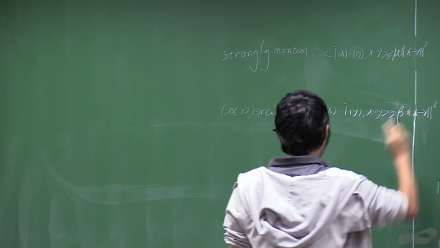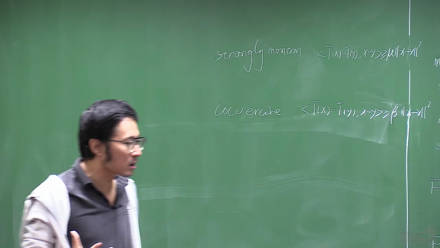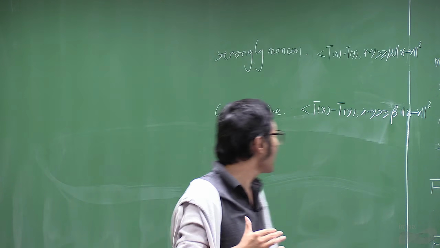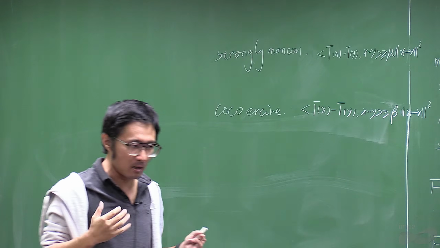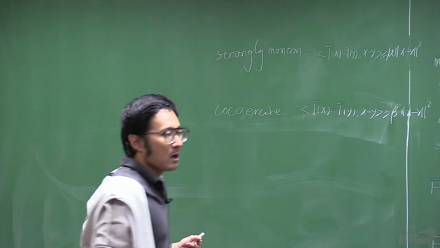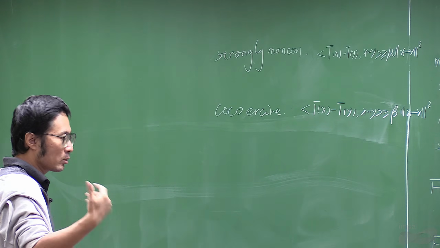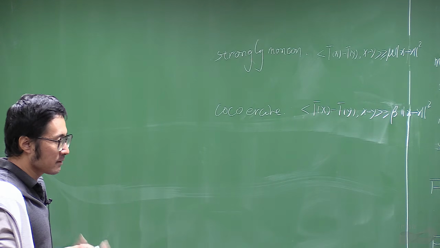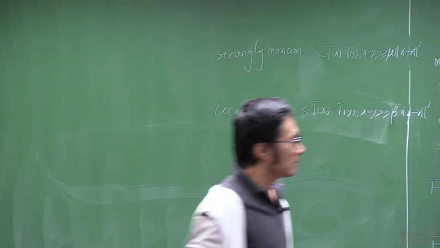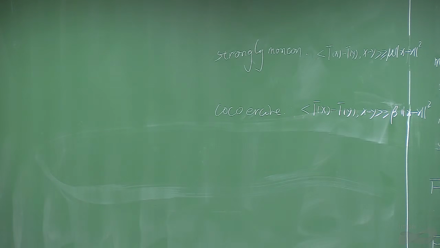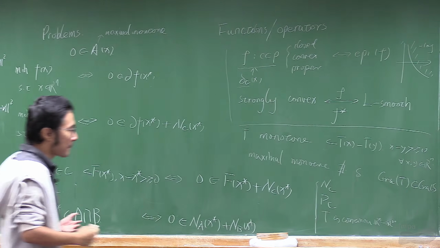Why should we study these stronger properties of monotonicity, like strongly monotone and coercive? Because in some problems, the operators could have a better property, even stronger than monotone. So we can have some better convergence results for this kind of problem. It's like strong convexity and L-smoothness. They are dual properties.